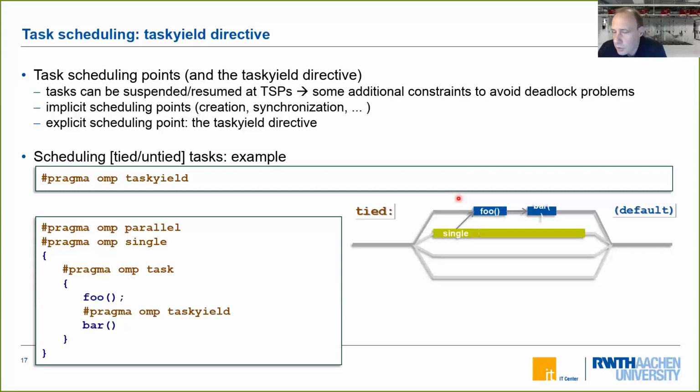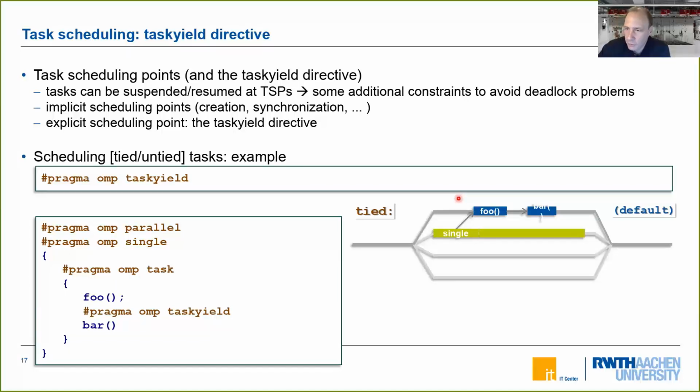With taskyield, you can instruct the runtime to actually suspend the execution of the current task, do something different, and then come back. And there are some scenarios where you want to do that. For example, if you have some long-running tasks that might do expensive computations like I/O, and they might be blocking other tasks from making progress, which might be important, for example, to generate additional tasks.